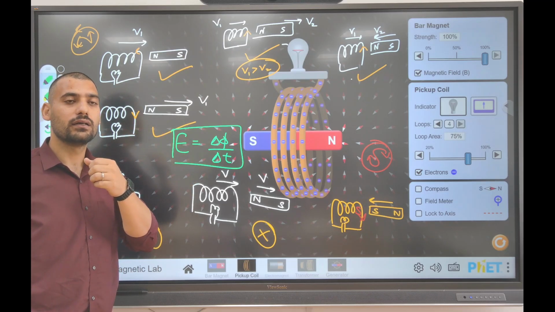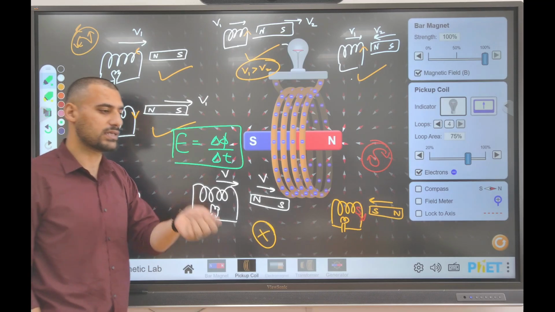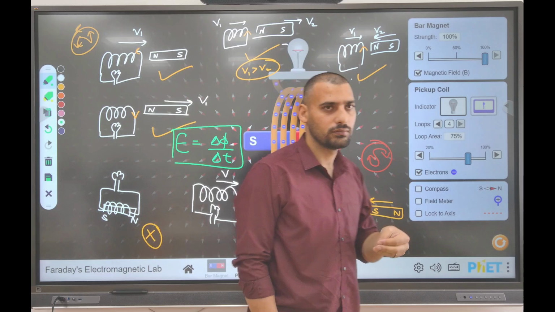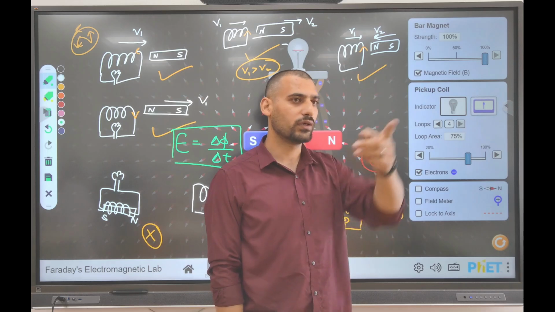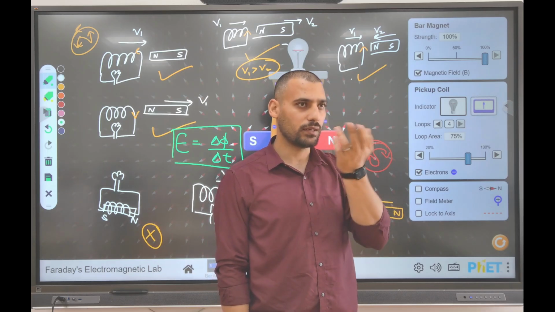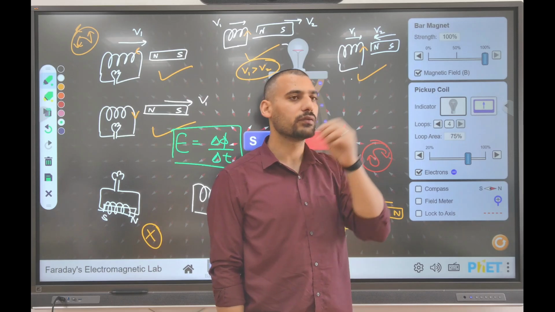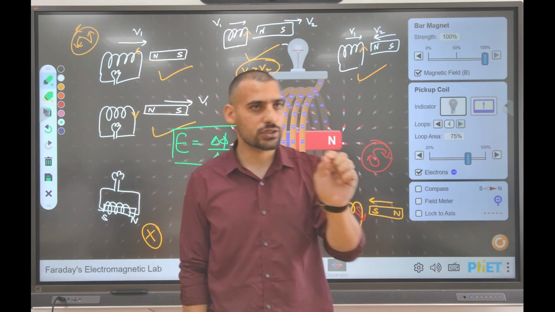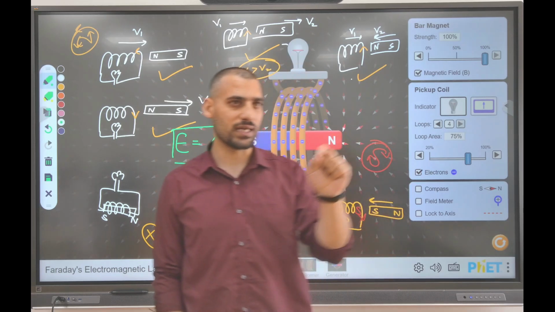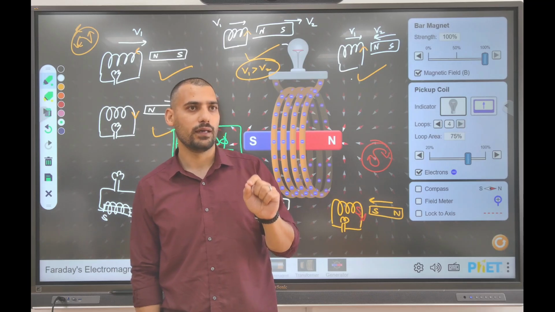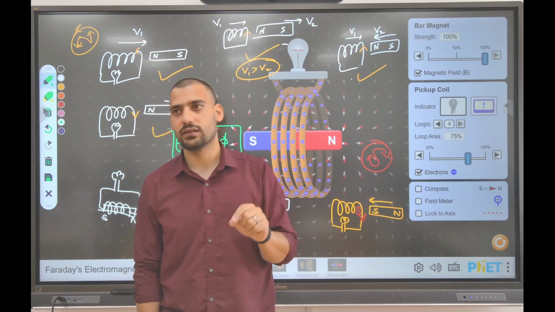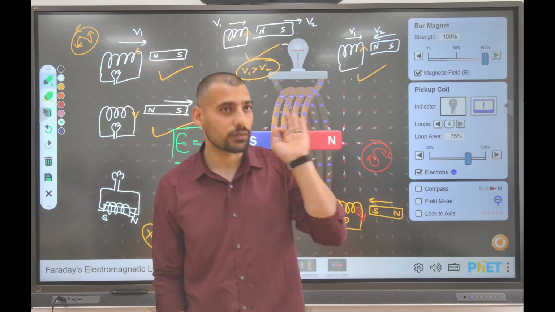It is like someone is feeding you and you are working against him. So the direction of the induced EMF is such that it opposes the cause which has produced it.